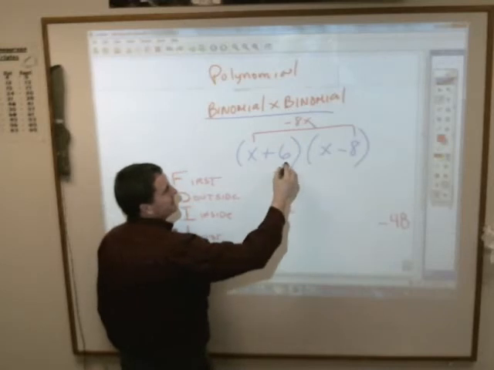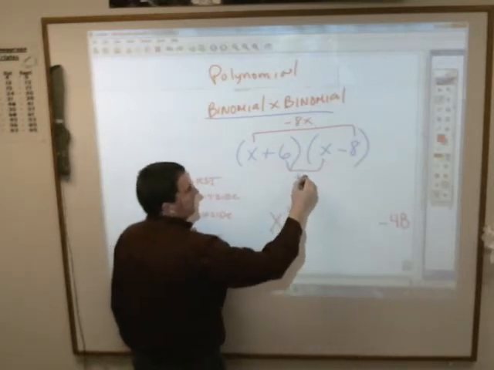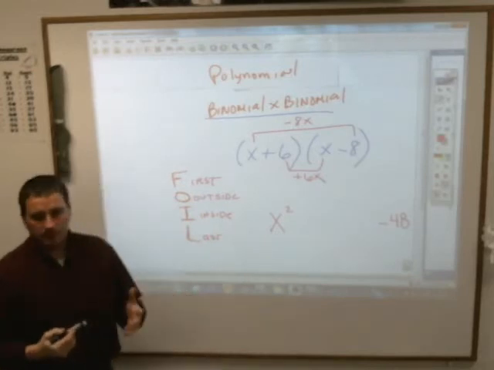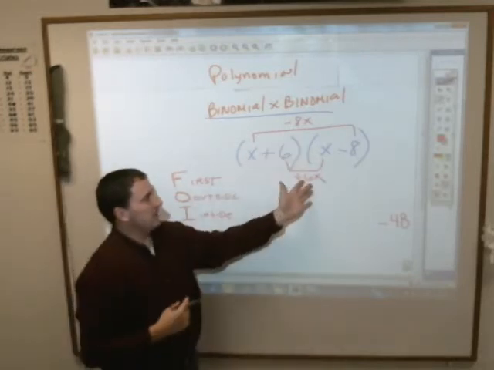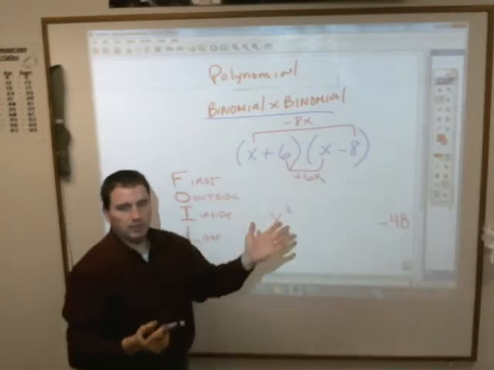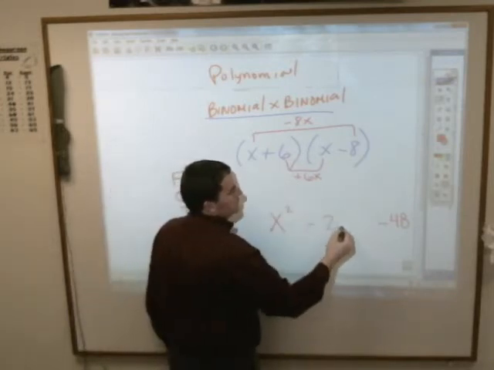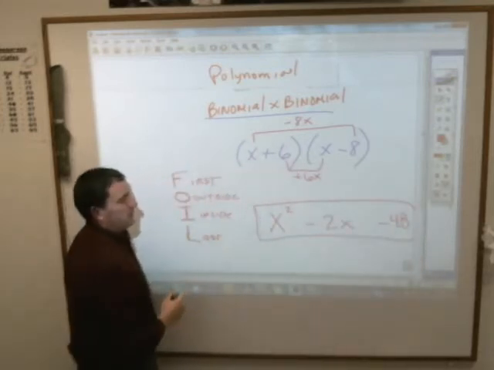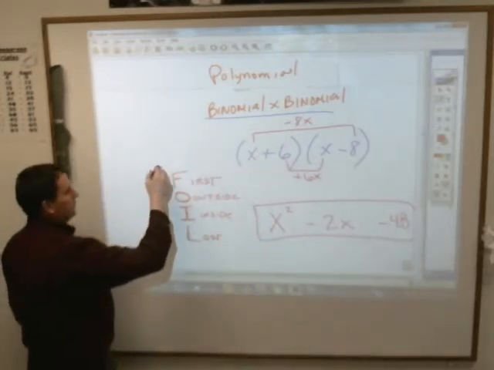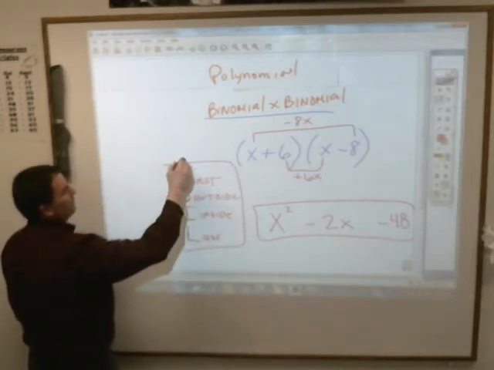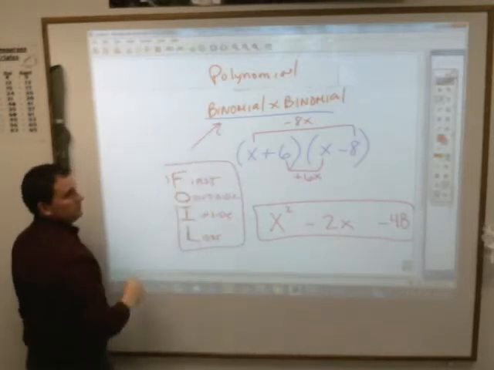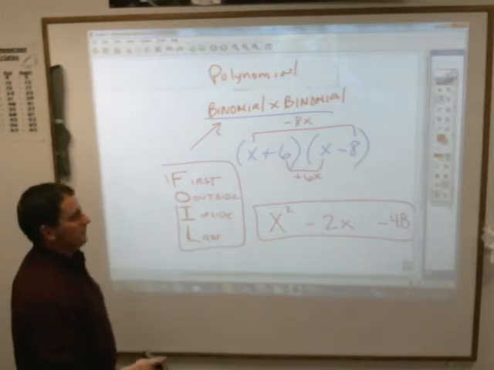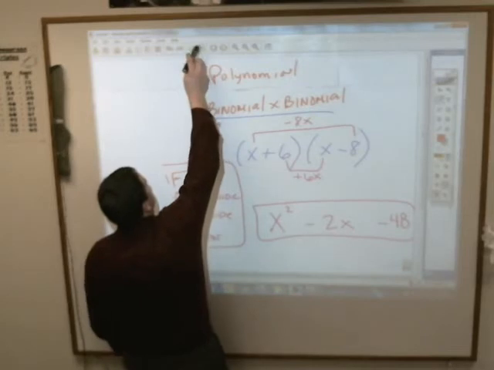When you multiply the two inside terms together, you get a positive 6x. They will always be terms that you can put together. A negative 8x and a positive 6x gives you a negative 2x. And that is the trinomial that you're going to get for your answer. It is called FOIL. And it only works with a binomial times a binomial. You can't do this with trinomials. It's just something that apparently math people feel they have to do because of whatever reason.